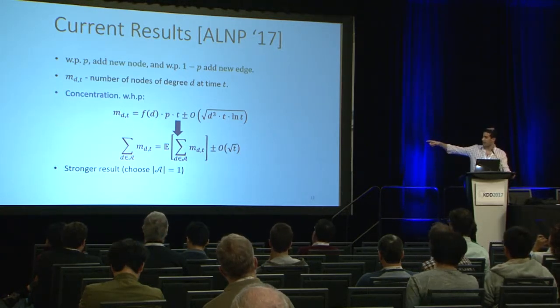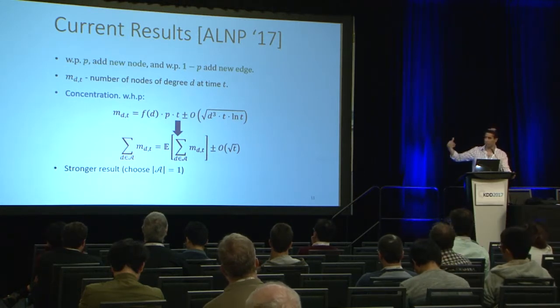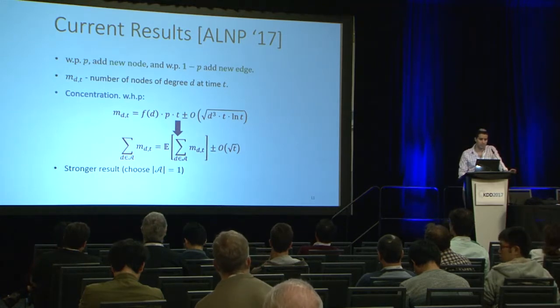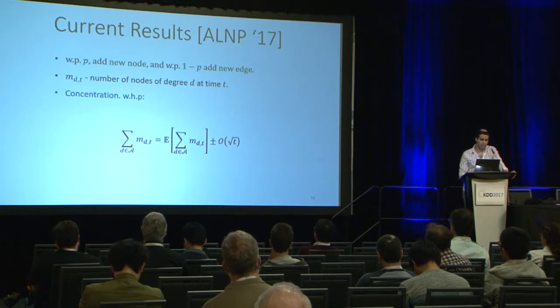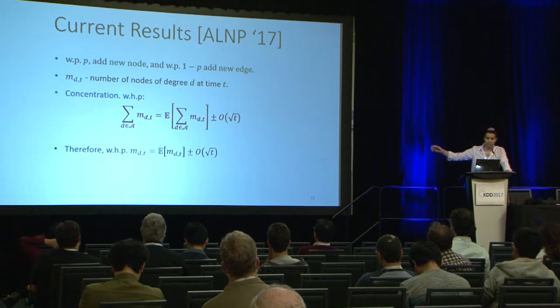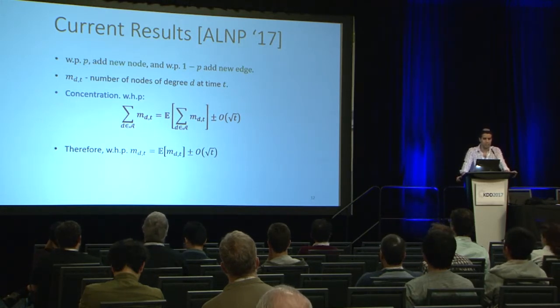So it's the expectation, which we know how to estimate very well from the previous result, plus or minus order of square root of t. So we already improved that. But as we said, we can derive from our results that M_d(t) is the expectation of M_d(t) plus or minus order of square root of t.